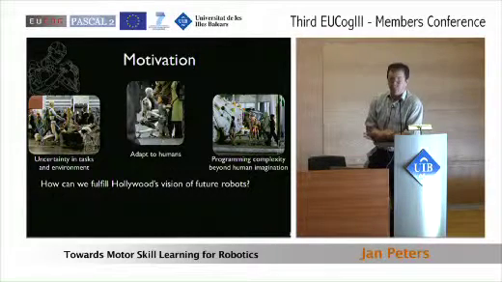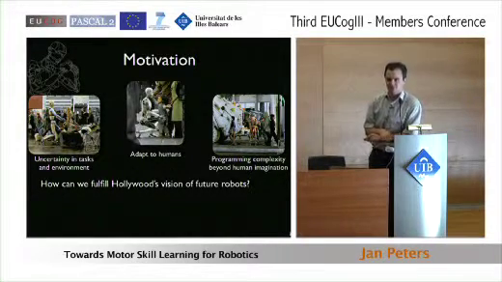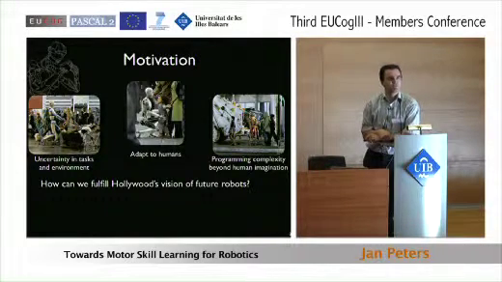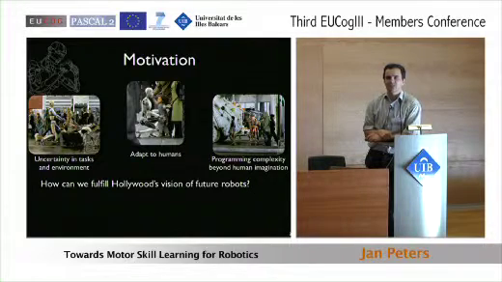So the hope would be that we get away from smart humans and hand coding, and much rather get towards the level where we can have systems that learn these tasks by themselves.